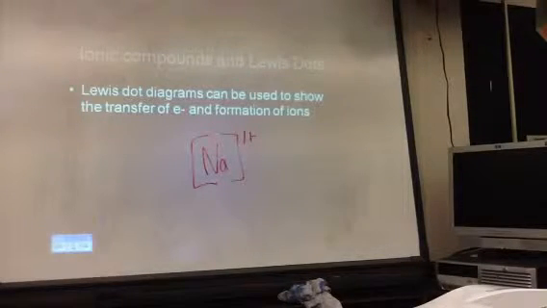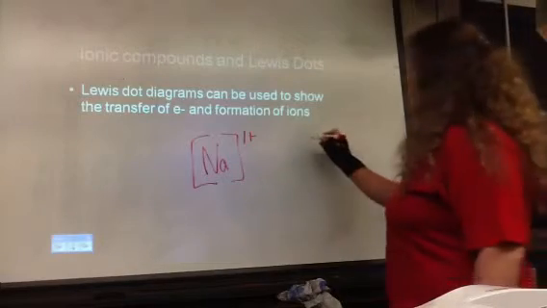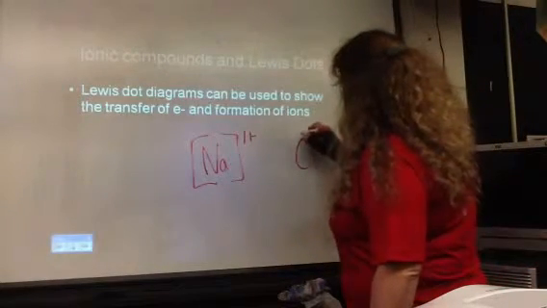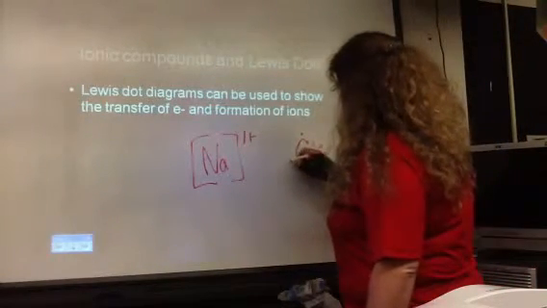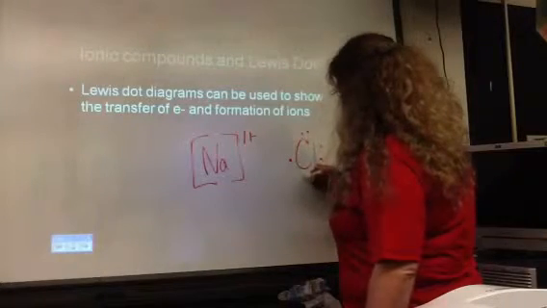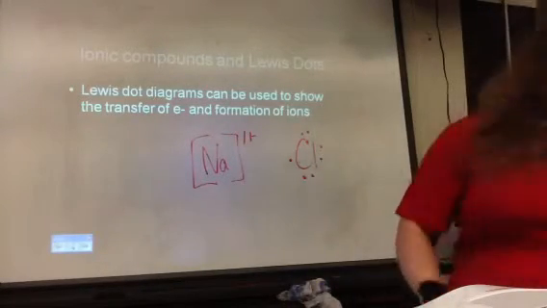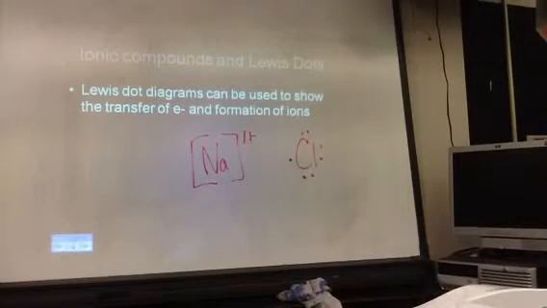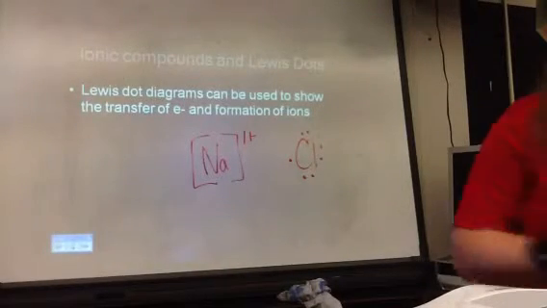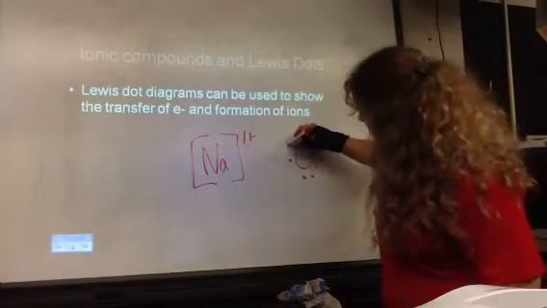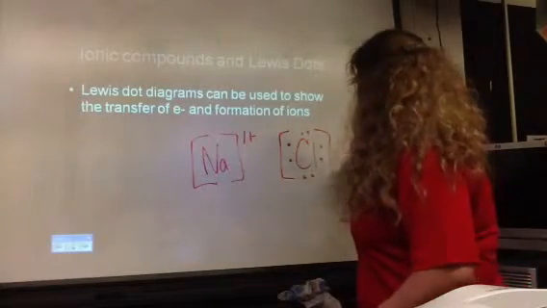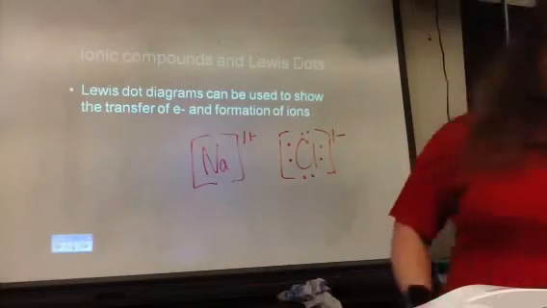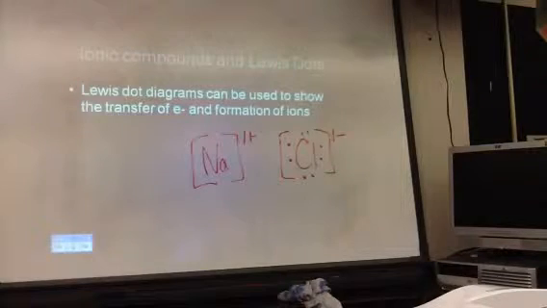So, if we have chlorine, which had looked like that, that's a neutral chlorine atom. If it takes on another electron and it becomes an ion, we now have that.